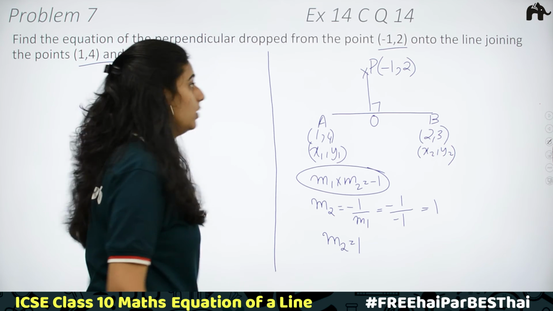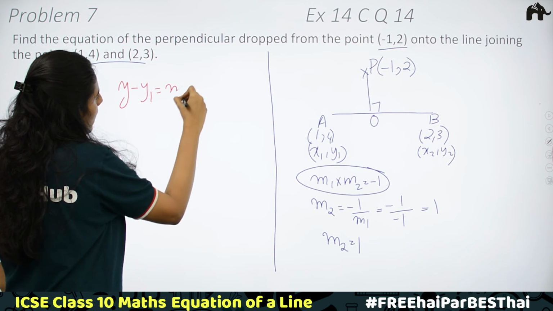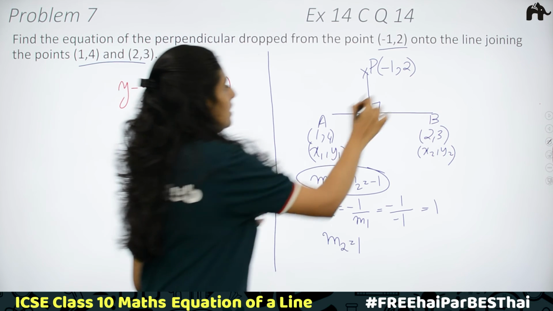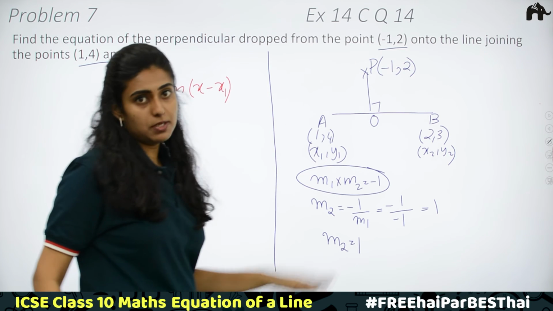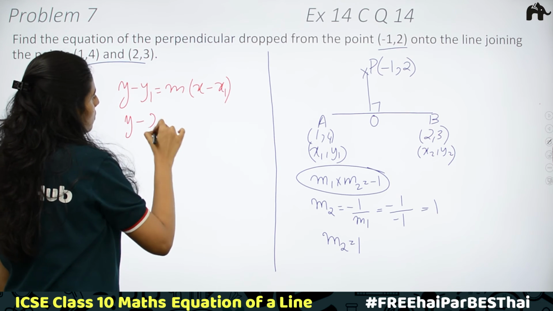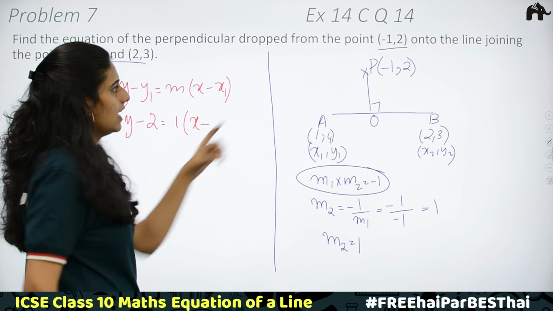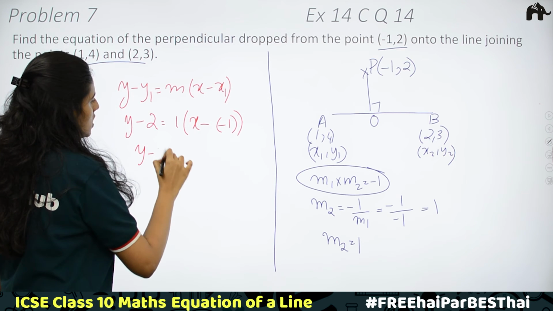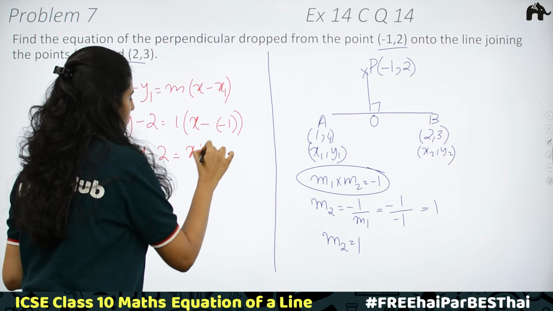Now, to find the equation of the line, slope-intercept form: y minus y1 is equal to m into x minus x1. Put the values. Here, we are taking the coordinates x1, y1 as minus 1, 2, which is a point on the perpendicular line. Y minus 2 is equal to 1 into x minus of minus 1, that is y minus 2 is equal to x plus 1.